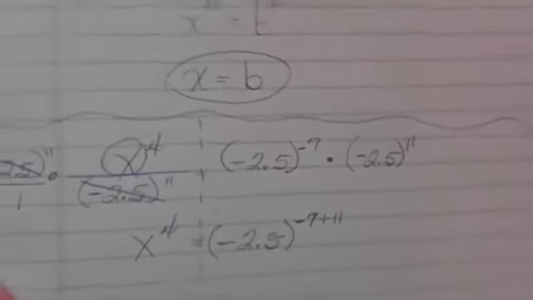And this is what this looks like now. We canceled out the negative 2.5s on the left-hand side, and we're left with an x to the fourth. Over on the right-hand side, we have same bases, and we add the exponents. So now we have x to the fourth is equal to negative 2.5, and negative 7 plus 11 is 4.